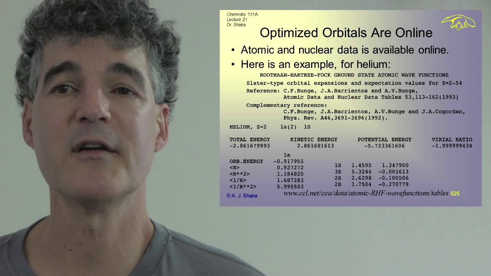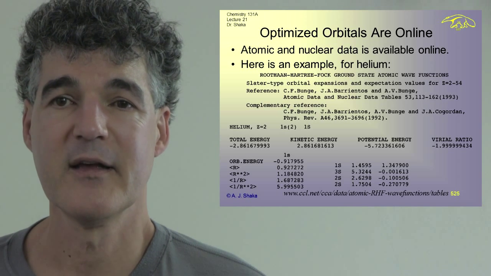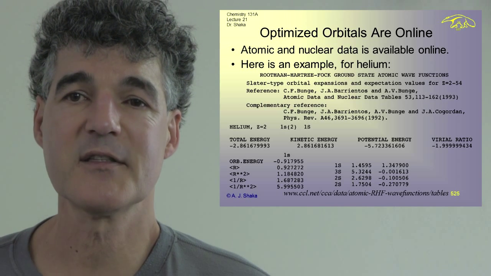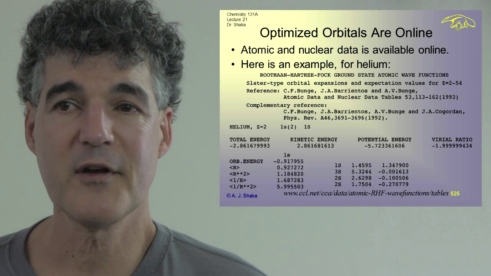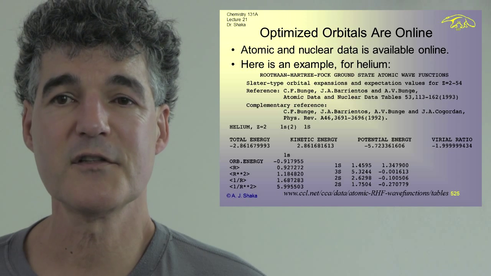And what I've given here is what they have for helium. The total energy is minus 2.8616, etc. And I think you know now that that's in Hartree. And they give some coefficients here.